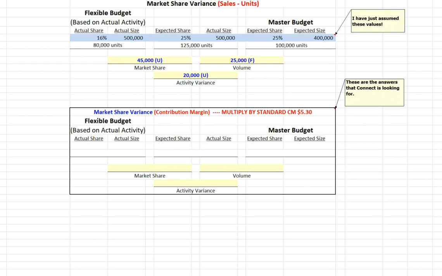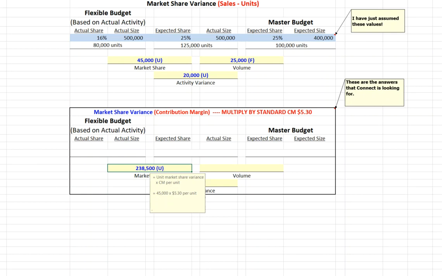To calculate our market share and volume variances in terms of our contribution margin, we simply take the per unit amounts we've calculated and multiply them by our standard contribution margin of $5.30 per unit. These are actually the answers that Connect is looking for in most of their problems.